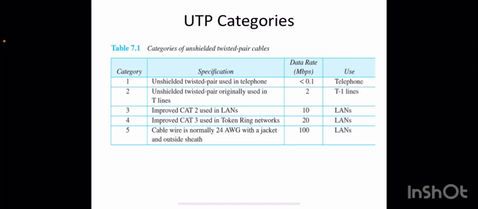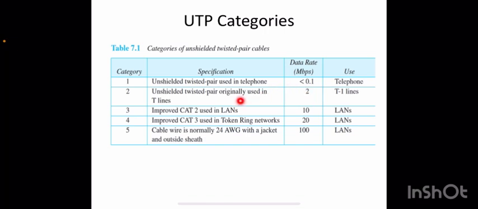That time we were using this unshielded twisted pair cable. A more improved one is category 2, originally used in T lines. A T line is a high data rate telephone transmission line. There we were using category 2 UTP cable, with up to 2 megabit per second speed at that time.